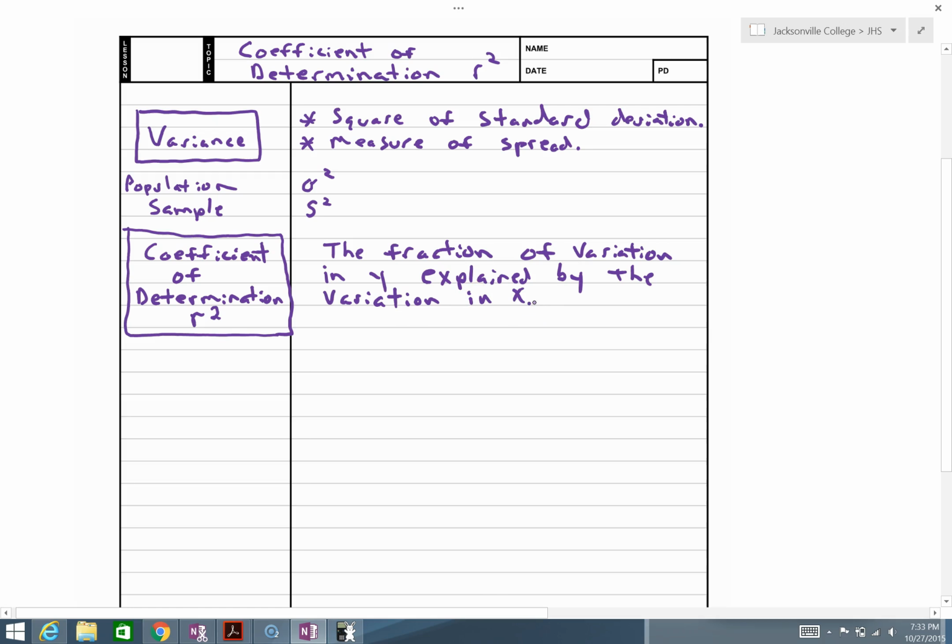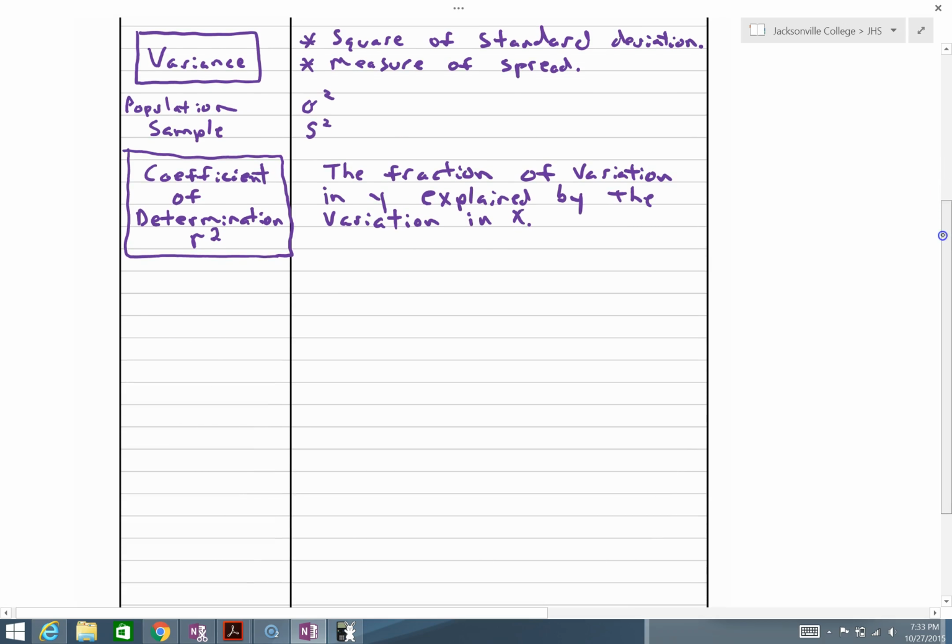Alright, we're now going to refer back to a problem we've done previously. The fat and calorie contents in some hamburgers. So here was our data.